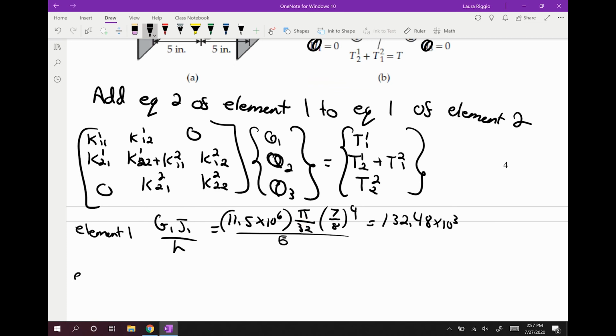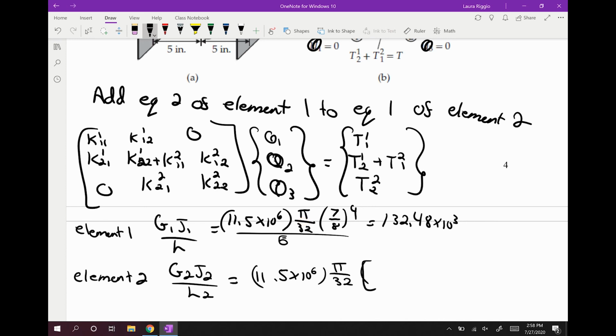And then for element 2, it is 11.5 times 10 to the 6 times pi over 32 times 7/8 to the 4th minus 5/8 to the 4th over 5, which is 97.98 times 10 to the 3.